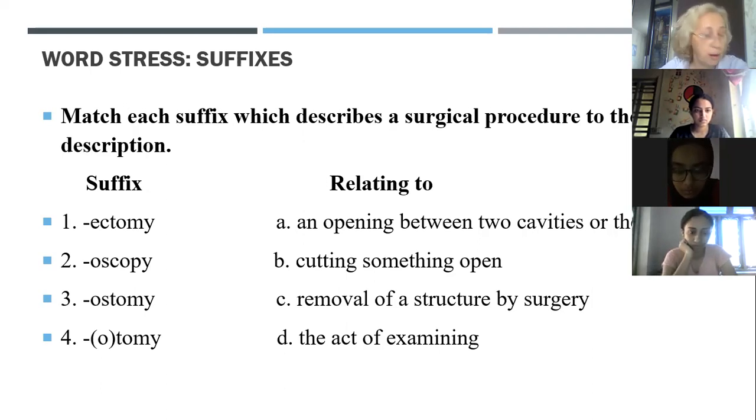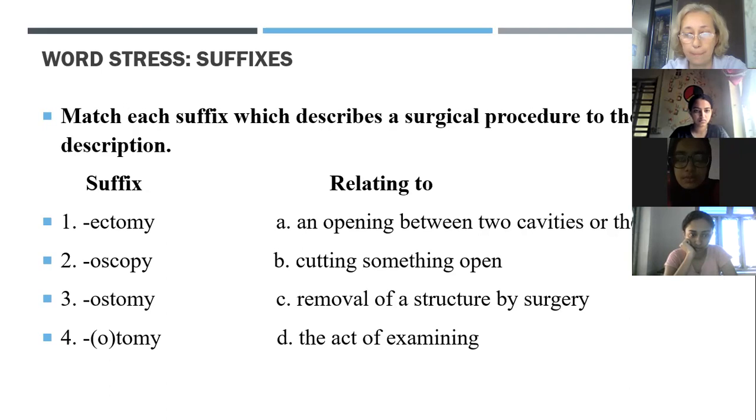Well, the next is ostomy, and let's listen to Hala Malik. An opening between two cavities or the outside. An opening between two cavities, and any medical term that has this suffix, ostomy?